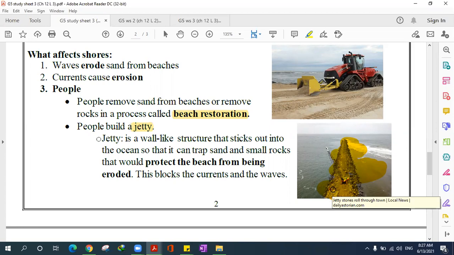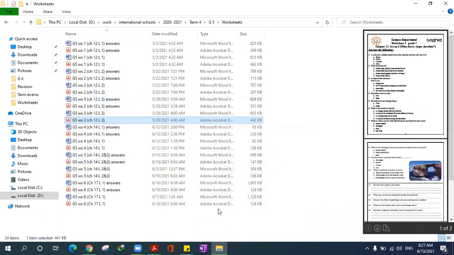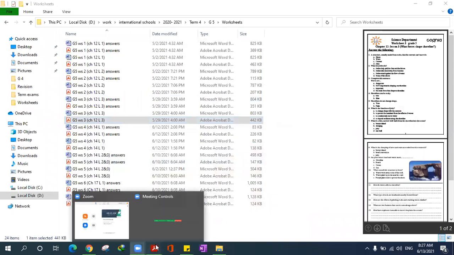They kind of block the waves and make the strength of the waves way less. So when the waves start hitting the shore, they will not have the same strength as they would without the jetty, and this will protect the shore.